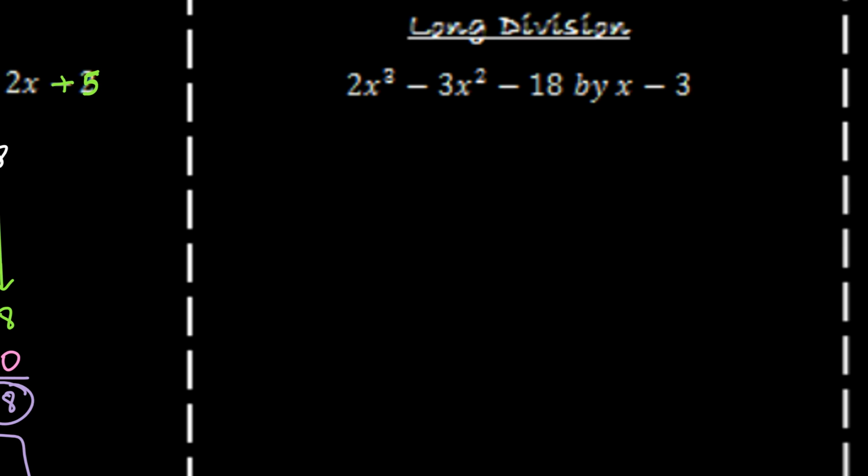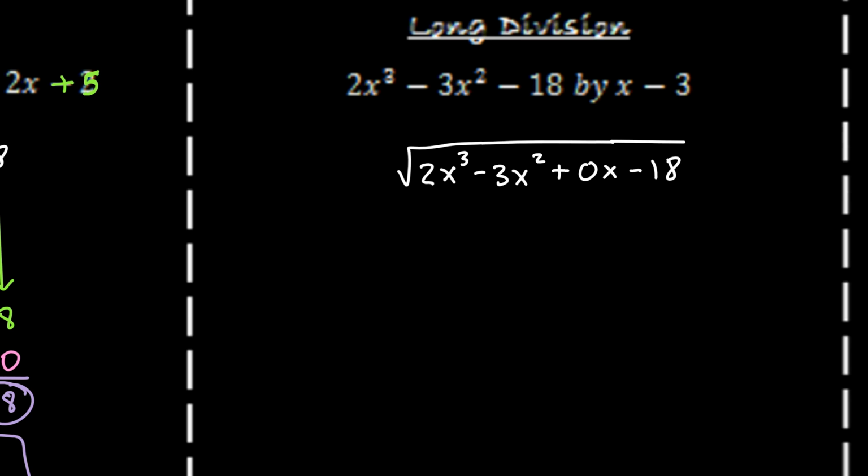So when we're dividing, even though it's not there in our polynomial, you need to put a placeholder. So 2x cubed minus 3x squared plus 0x minus 18 divided by x minus 3. So you have to put a placeholder there.